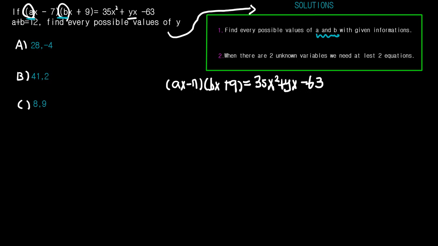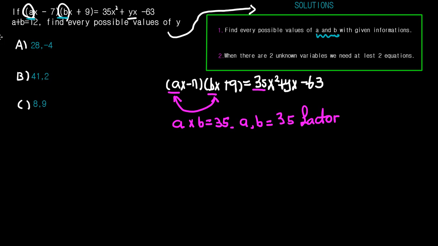And we know that, according to the binomial theorem, if we multiply a times b, it will give us the x² term's coefficient, which is equal to 35. So we can say that a times b is equal to 35, or a and b are the factors of 35.